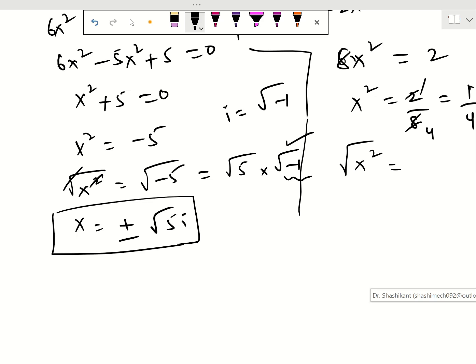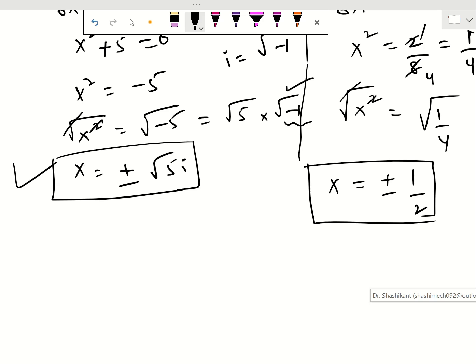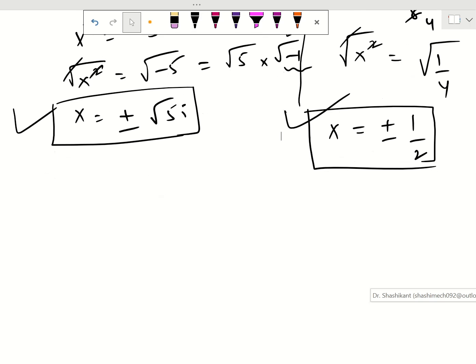Now taking the square root on both sides, the square root of x² is equal to the square root of 1/4. The square root cancels the square, so x = ±√(1/4), and the square root of 4 is 2, so x = ±1/2. So here also we got two values of x.